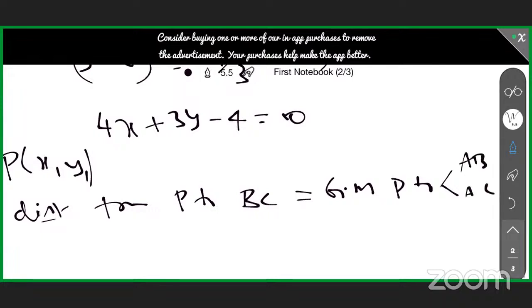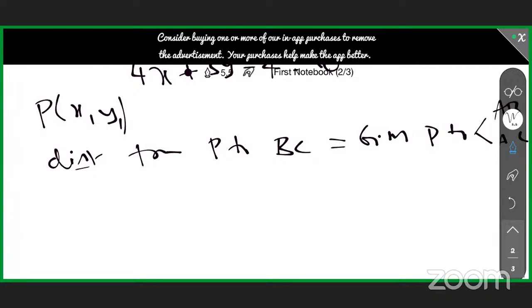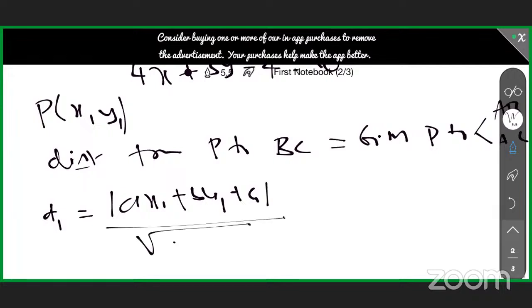I'll take this one as D1. D1 is equal to (a x1 plus b y1 plus c) divided by root of a square plus b square.